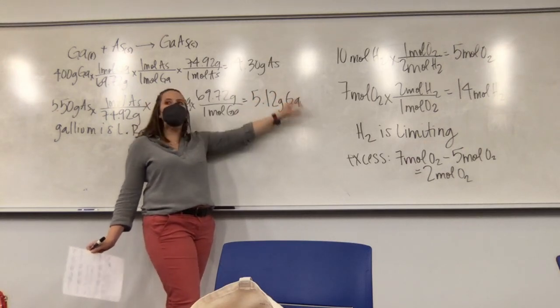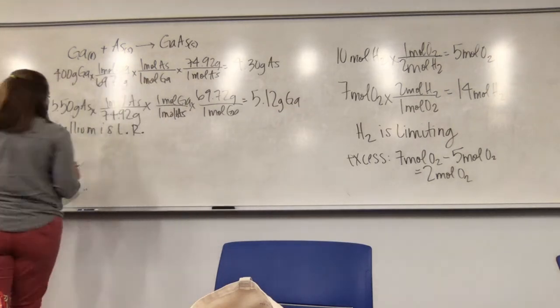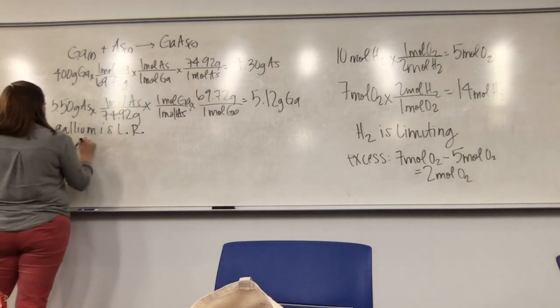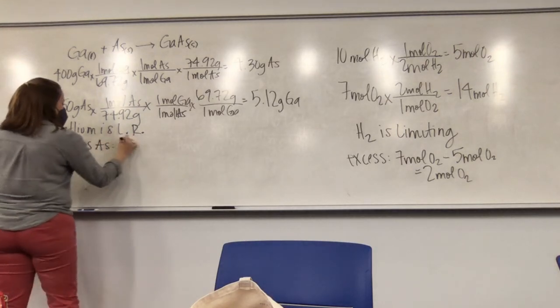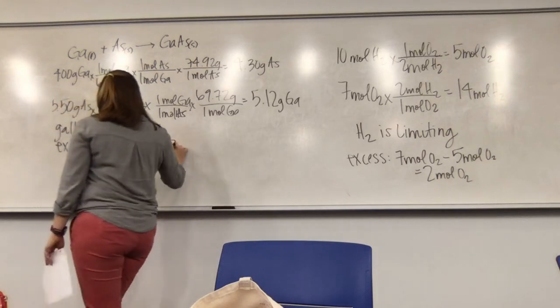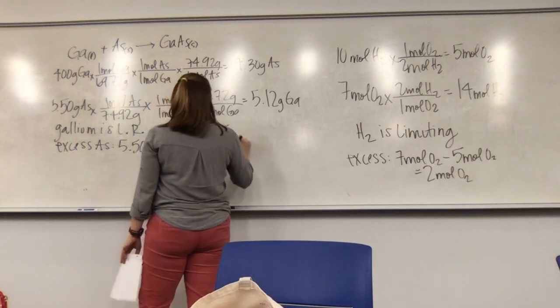This means that you need more than you have. So gallium is the limiting reactant. The excess arsenic is 5.50 grams minus 4.30 grams, and that gives you 1.20 grams of arsenic.